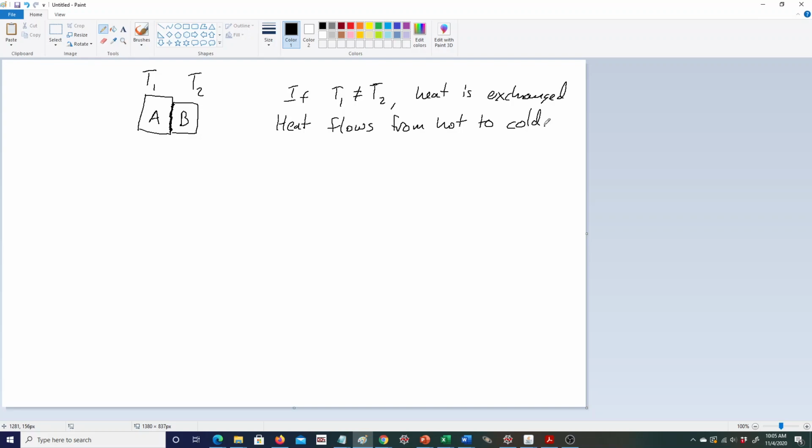And by overwhelming, we mean to take that as even for a small system, such as, for example, a cup of hot coffee being set in a small container of lower temperature air.